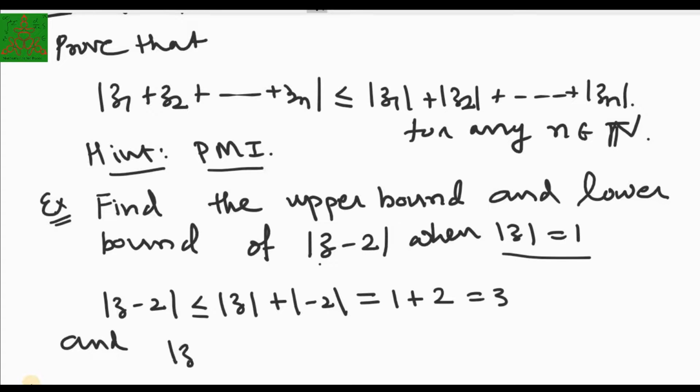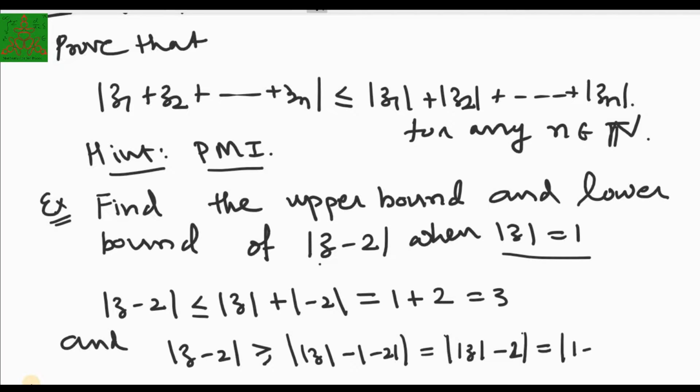And for the minimum, by the other inequality which we have discussed, we can write mode of z minus 2 is greater than or equal to mode z minus mode 2, that is 1 minus 2, which is minus 1, whose mode will be 1.